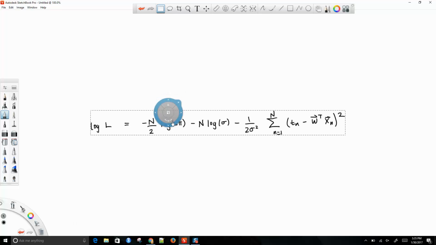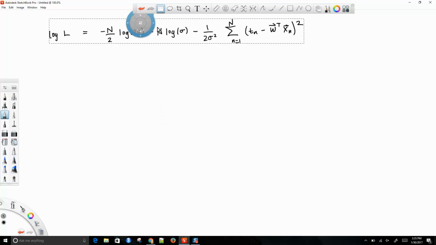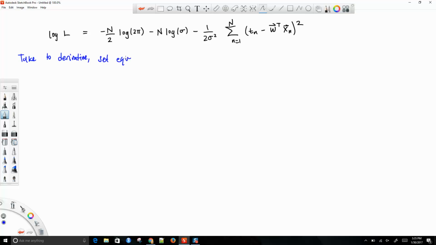So we take the derivative to maximize, set it equal to 0 to find the local min or local max.